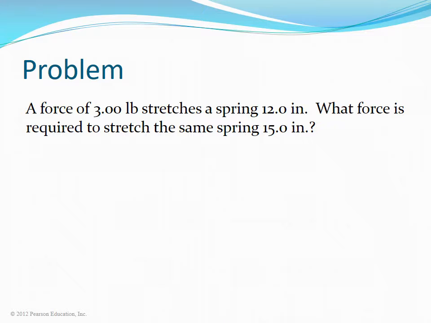A force of 3 pounds stretches a spring 12 inches. What force is required to stretch the same spring 15 inches? This is a Hooke's law problem, where the force is the spring constant times the change in length. This is the same spring stretched to two different values.